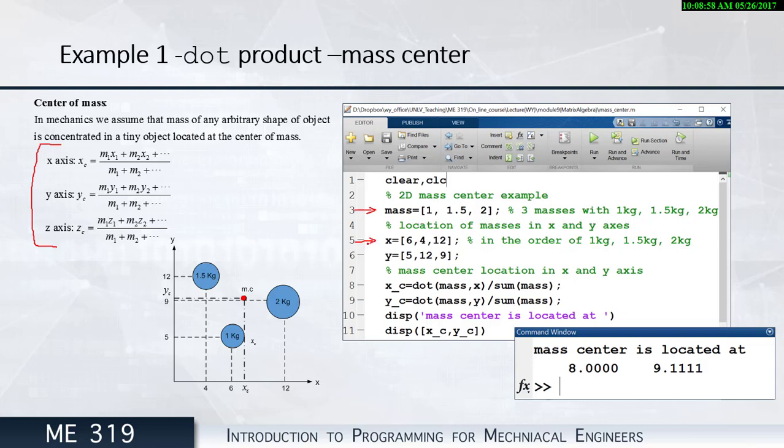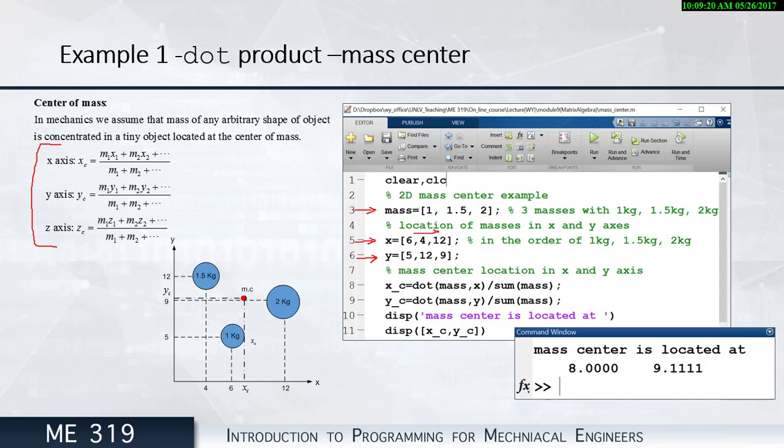And you need to create vector x, which stores the x coordinate of each mass, and vector y, which stores the corresponding y coordinate of each mass.